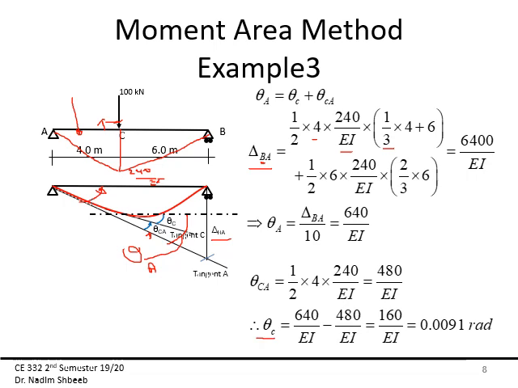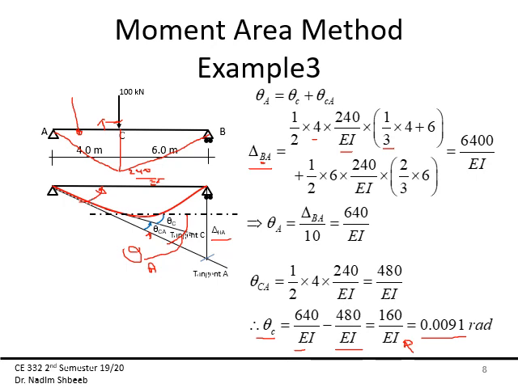So theta C now is going to be theta A minus theta CA, and that's going to be 160 over EI. Now I'm going to substitute for EI by its value of 17,556 to get 0.0091 radian. Okay, so this is now my theta C.